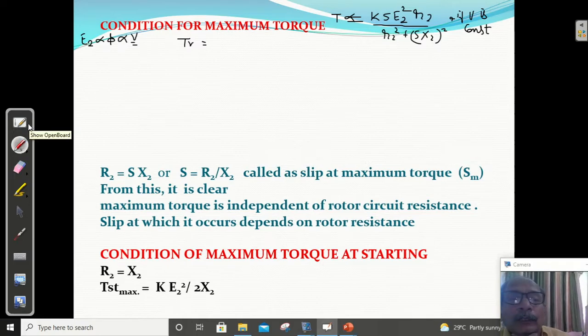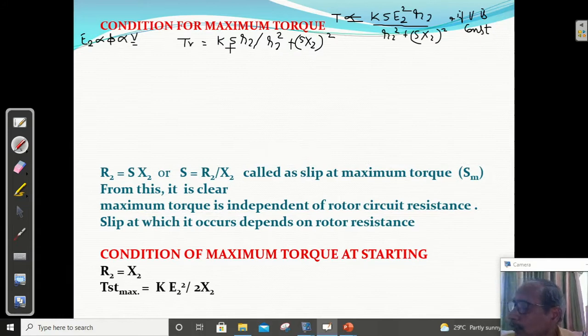If the supply voltage is constant, the running torque equals K into S into R2 upon R2 square plus SX2 square. This is the condition we are getting.